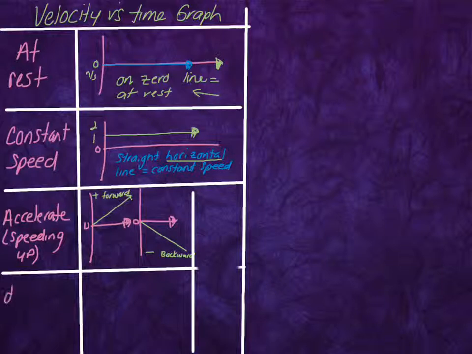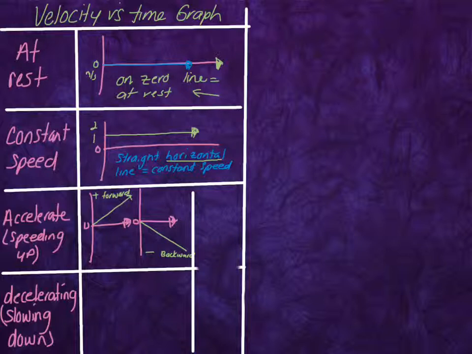The next one is decelerating, also known as slowing down. So, drawing my graphs so you can see what those look like. If this is the 0 line, then anytime you have an arrow approaching it, that would mean you're slowing down.